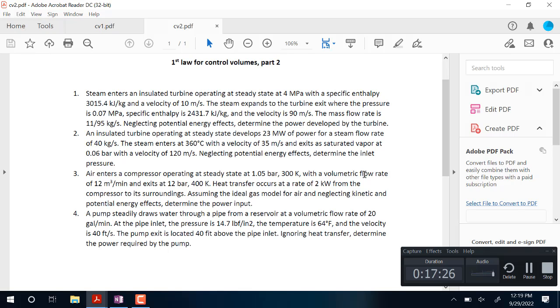At the inlet, there's a temperature of 360 degrees Celsius and a speed of 35 meters per second. It's steam at the start. And it exits as a saturated vapor at 0.06 bar with a given speed. We're going to throw away potential energy, and we want to figure out the pressure at the inlet, sorry.